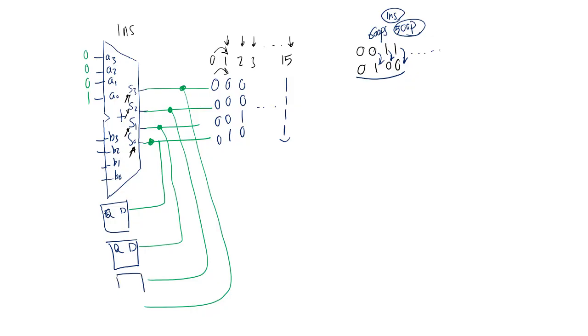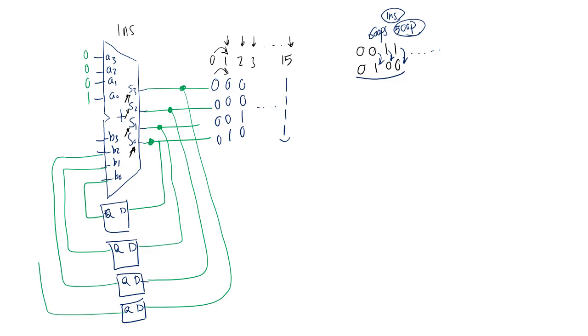Q and D, and Q and the last one, right? Now I'm going to connect the outputs the same way as before. Having these D flip-flops, I can connect their clocks all to the same clock signal. And that clock signal is really the command that we were talking about, right?